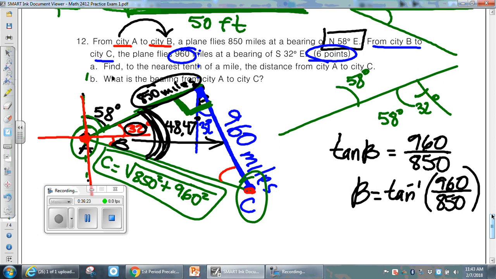So then it wasn't 58. So this beta is 16.47. So that angle was 16.47. Okay, so we do have to use an inverse for that.